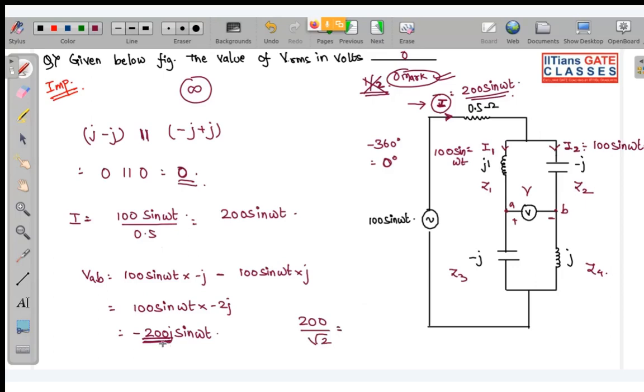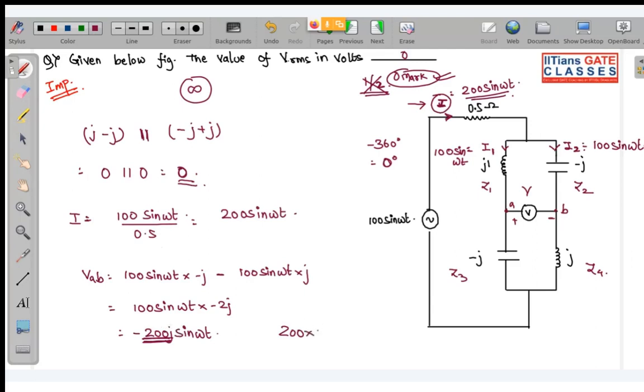One thing, let me ask you, what is this 200 minus j basically representing? See, if you want to write this voltage, it is basically 200, minus j. What is the magnitude of minus j?